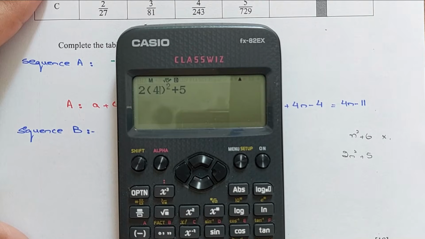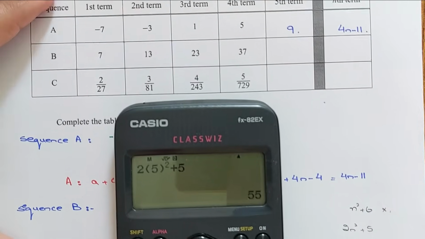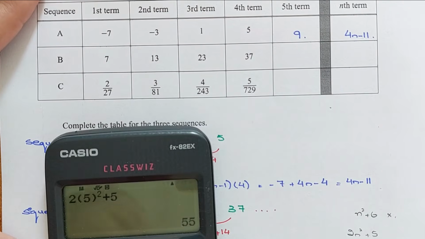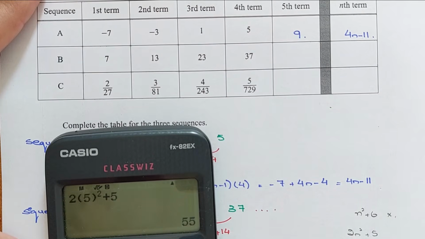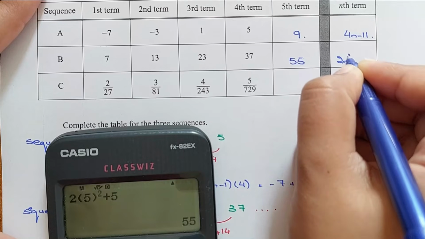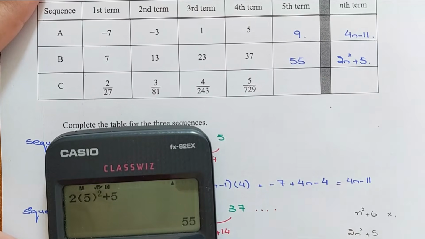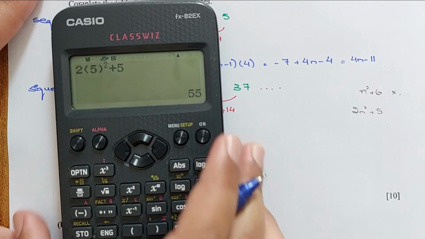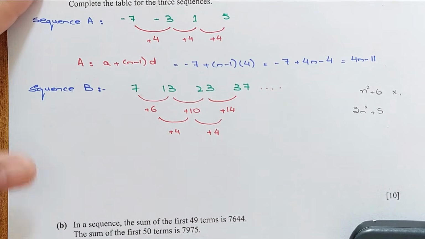And what about the fifth term? The fifth term is 55. So the fifth term is 55 and the formula is 2n square plus 5. For a quadratic you have to use a guess and check technique to get the terms of the sequence.